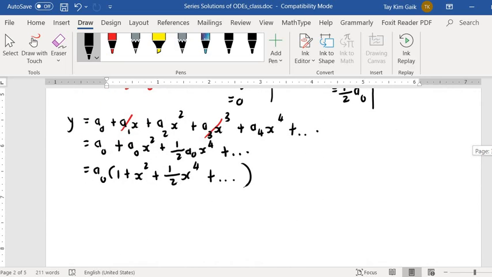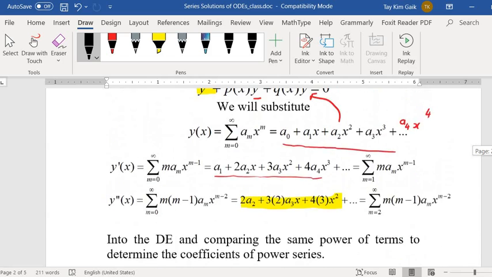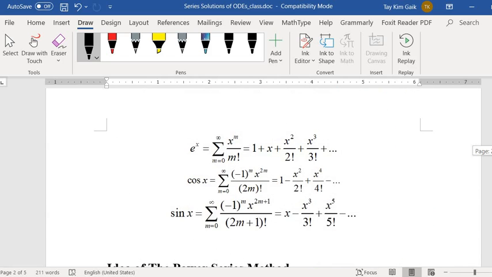In the power series method, we have the power series for exponent x. The power series for exponent x is 1 plus x plus x squared over 2 factorial plus x cubed over 3 factorial.